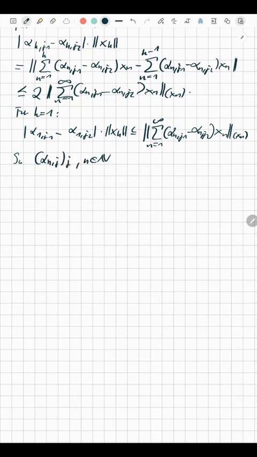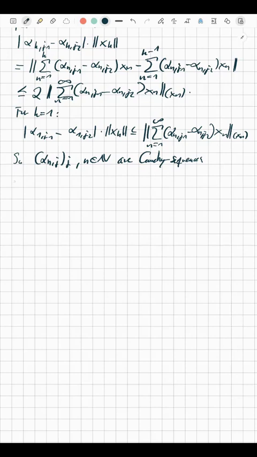So the alpha n j's for n element of the naturals are Cauchy sequences. And these are Cauchy sequences of scalars in the field of reals or in the field of complex numbers. And since these fields are complete, we have that the alpha n j's converge.